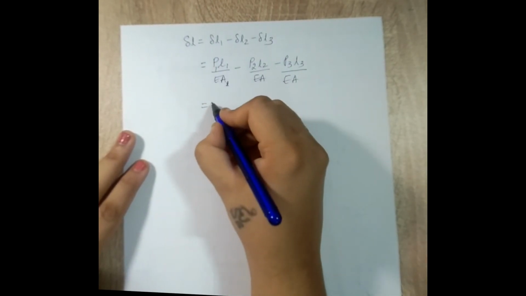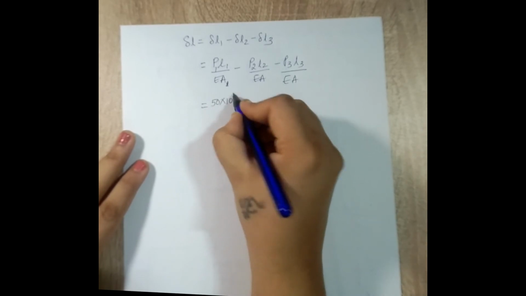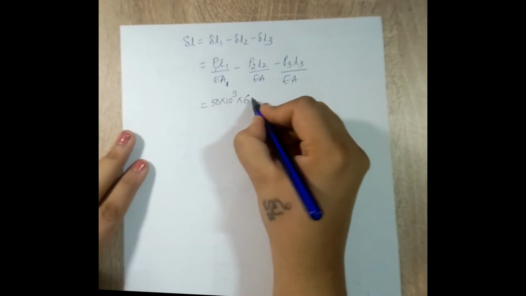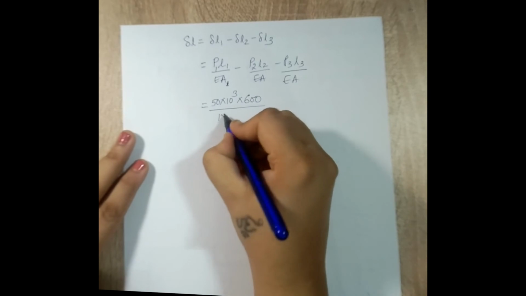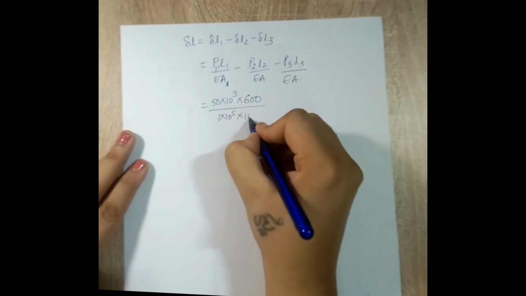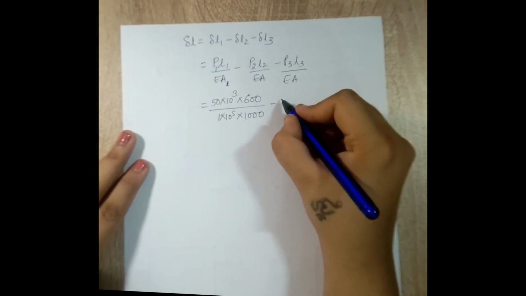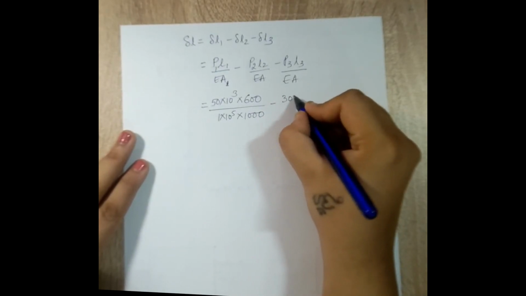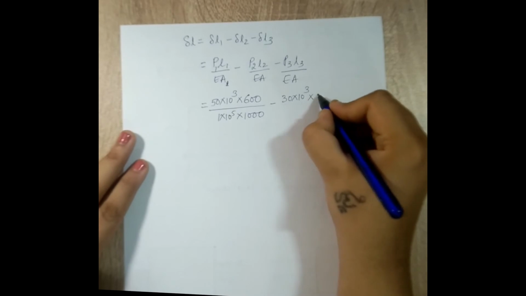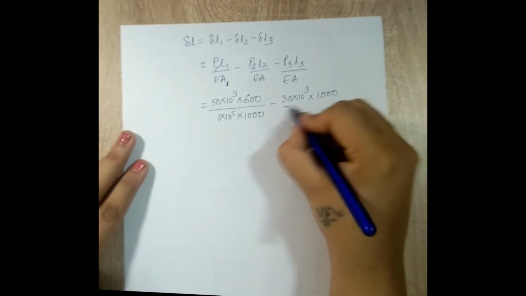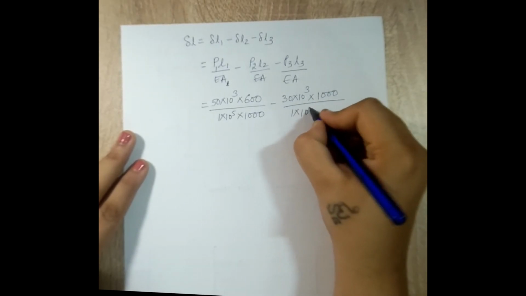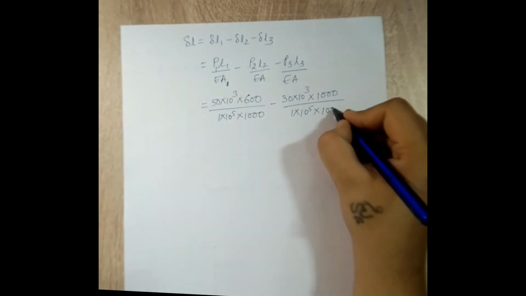Here P1 value is 50 into 10 raised to 3. The length was 600. E is 1 into 10 raised to 5 and area is 1000 for each bar. Minus the load for the second one is 30 into 10 raised to 3. Length is 1000. E value is 1 into 10 raised to 5 into 1000.